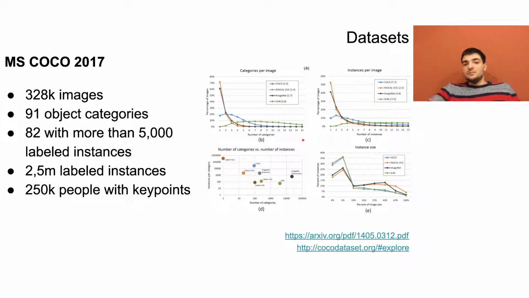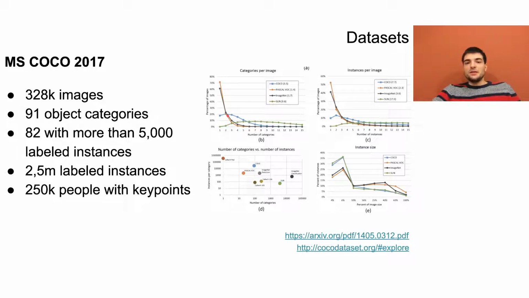And just simple statistics. Here is the COCO statistic, Pascal with orange, ImageNet with purple, and the SUN dataset, which we never discussed yet. But still, we can see that for COCO, about 20% of images have one category on them.